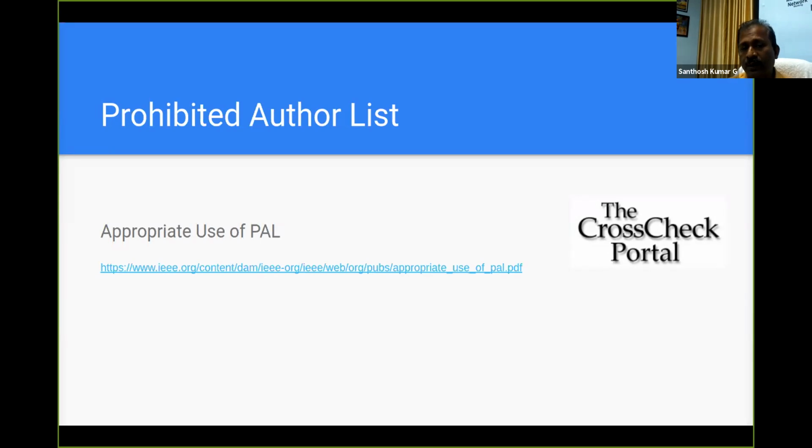IEEE advises to notify this act of plagiarism to the IPR office, right? And the IPR office will take care of that, and they will do some procedures, and finally they will decide to prohibit that author for a period.